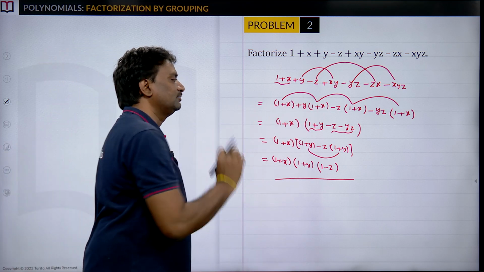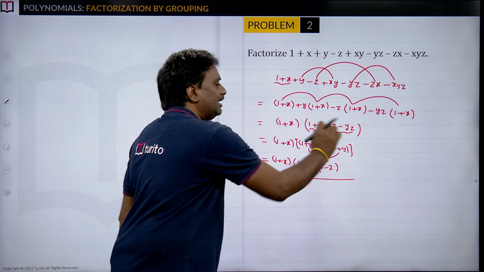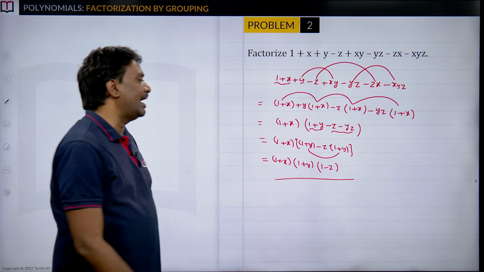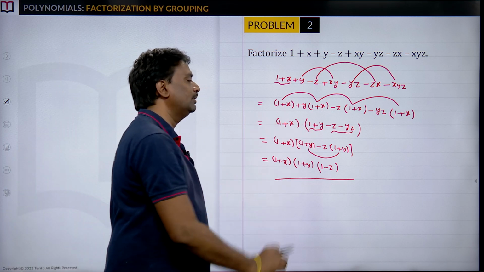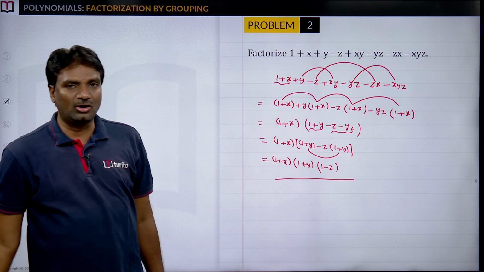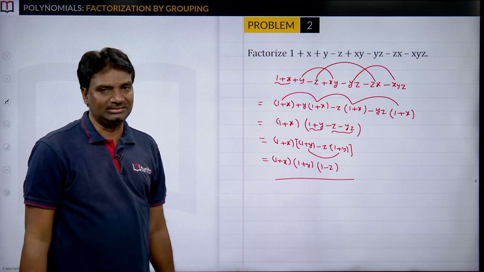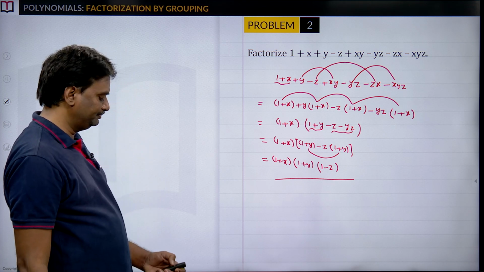So, 1 plus x of 1 plus y minus z minus yz. From minus z minus yz we can take minus z as common. So, 1 plus x of 1 plus y minus z of 1 plus y. Again, by taking 1 plus y as common, we got 1 plus x into 1 plus y into 1 minus z. Hope you understood, ma'am. Next problem.